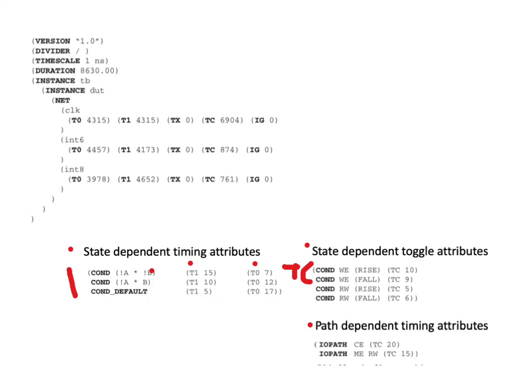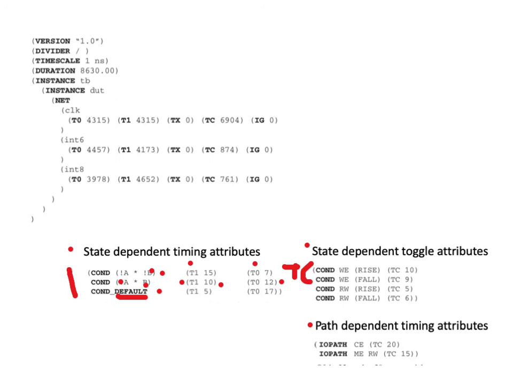And when net B is equal to 1 and net A is equal to 0, there would be separate static probability and toggle counts that could be calculated. And of course, the default condition is just the condition for all the other conditions that are not specified by a specific condition.